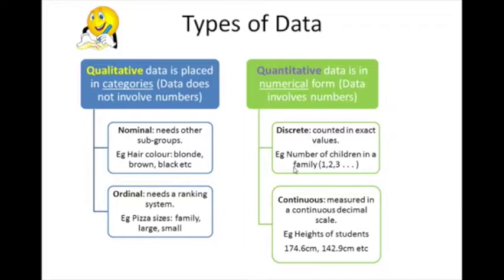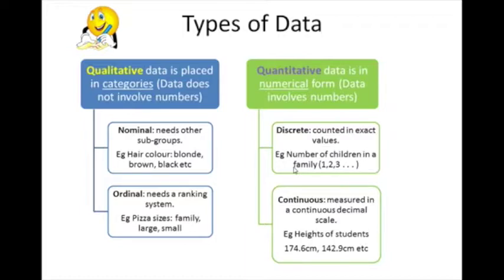So if you have a look at your table that you filled out just a moment ago, you will have some data in there that is numbers, some of it that is not numbers. Clearly the qualitative data relates to the data there that is not at all to do with numbers. Now, not only do we have qualitative data, but within that we have 2 other categories, nominal and ordinal.